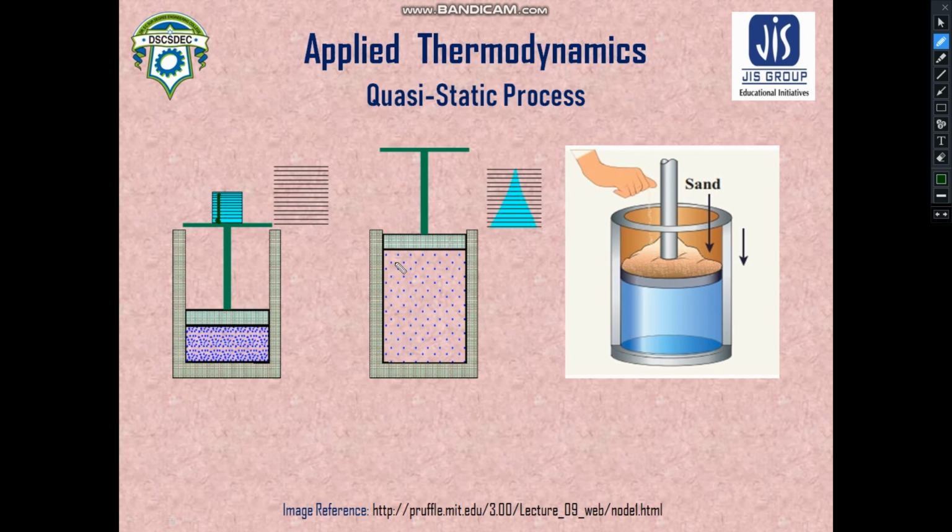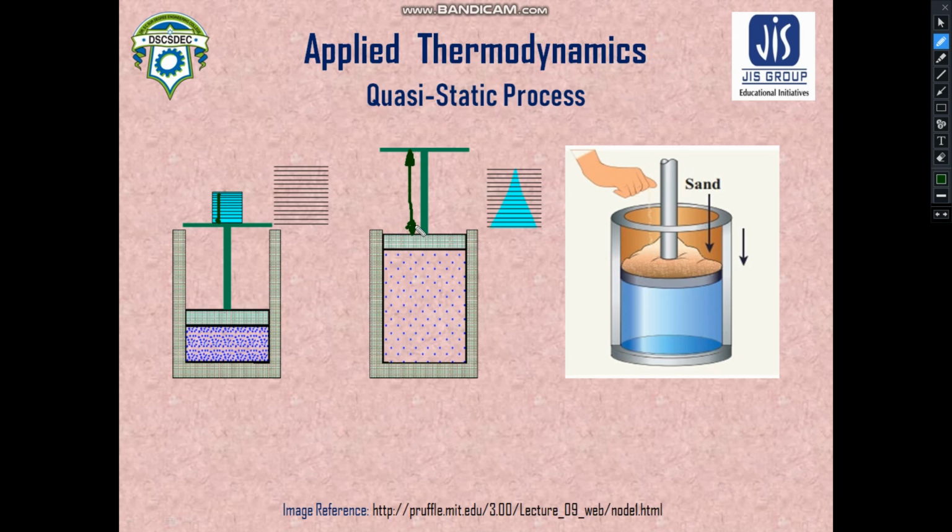So the change observed by this piston will be quite slow. As we increase the number of divisions of the weight, we will see the change becomes slow.